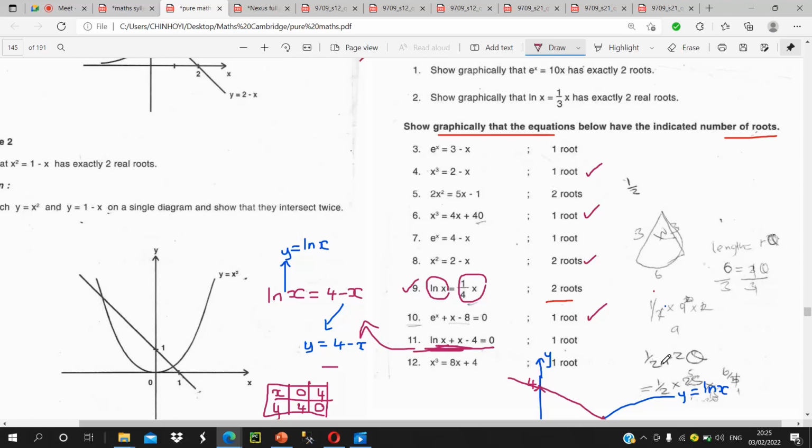If you can take them down. So it's 4, 6, 8, and 10.